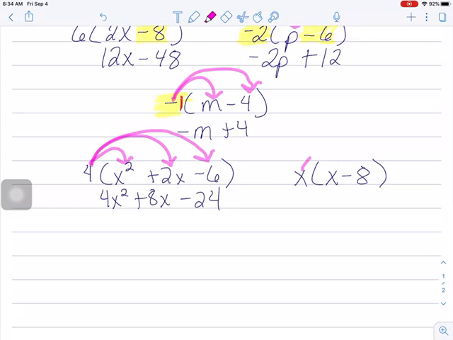In that case, x times x is x to the 2. There's 2 x's we're multiplying together there. x times -8 is -8x. And we could take it another step further and say, what if we have a number and a variable outside the parentheses?